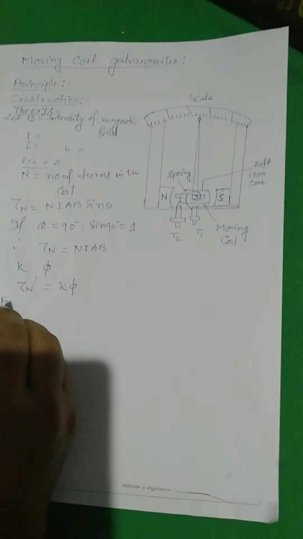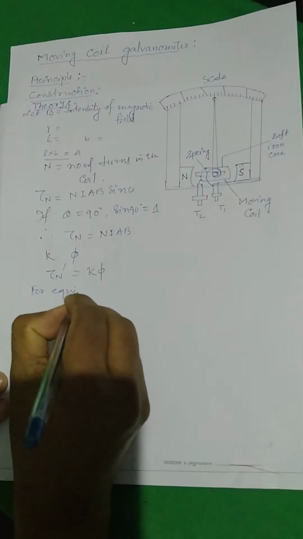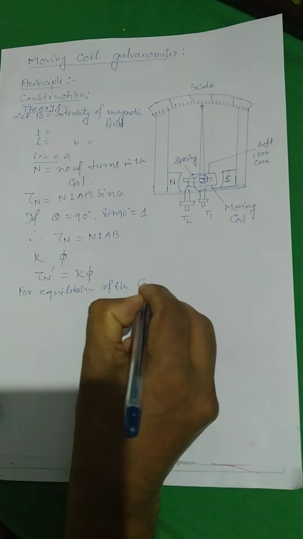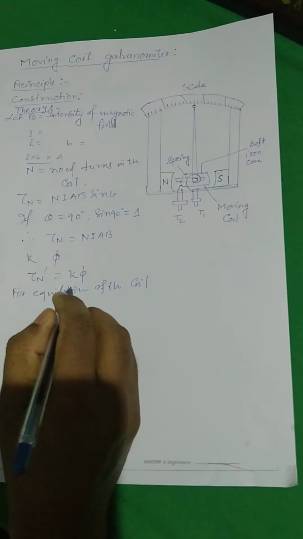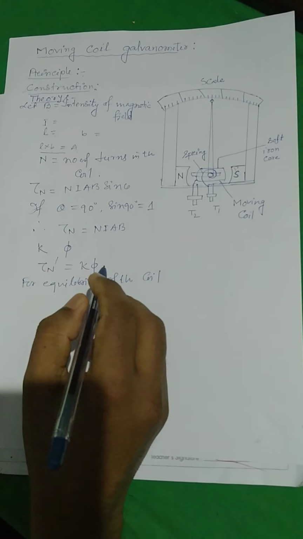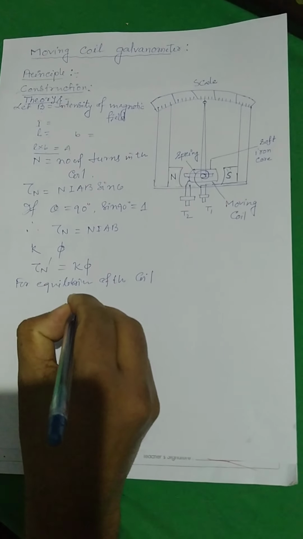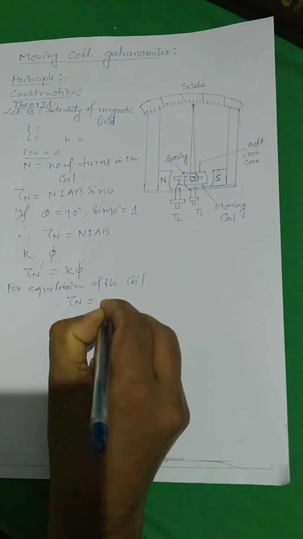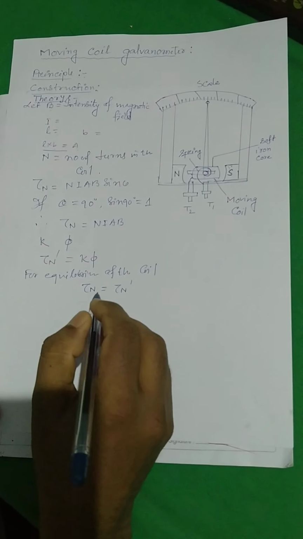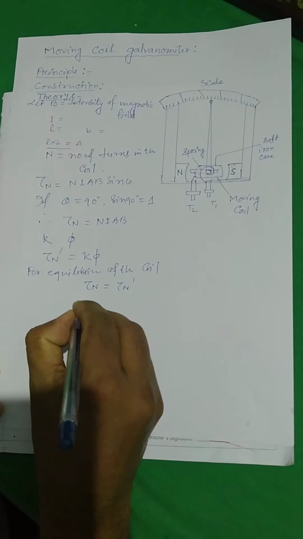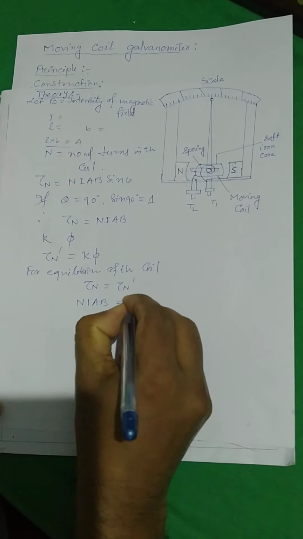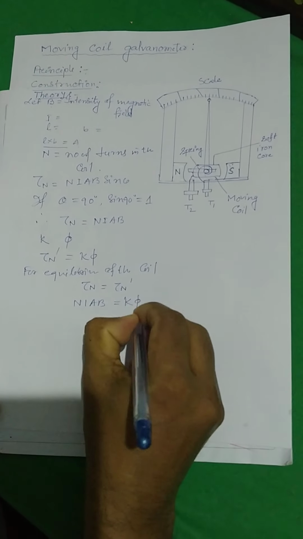For equilibrium of the coil, deflecting torque is equal to restoring torque. So the deflecting torque is NIAB and the restoring torque is K phi.